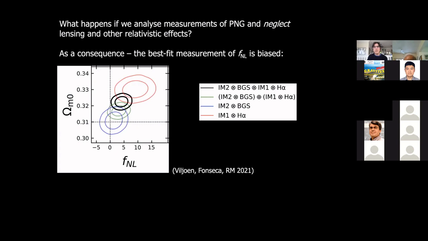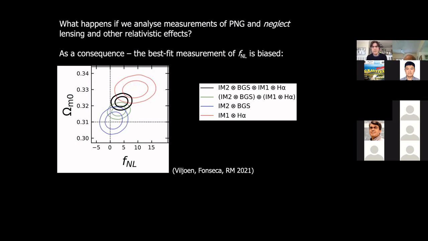That systematic affects the best fit values that you predict for your parameter, and in this case the parameter we're looking at is f_NL. So when you neglect lensing and the other relativistic effects, you're inevitably going to have a bias on the best fit measurement of f_NL.